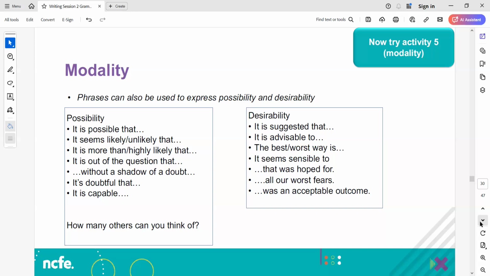And the desirability examples, it's suggested that, it is advisable to, the best or worst way is, it seems sensible to, that was hoped for, all our worst fears, it was an acceptable outcome. So there may be others you can think of as well.